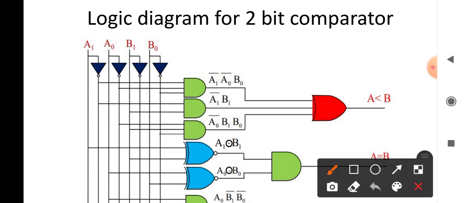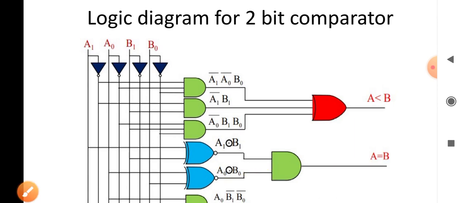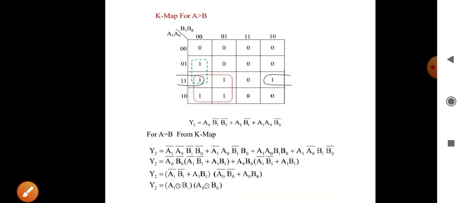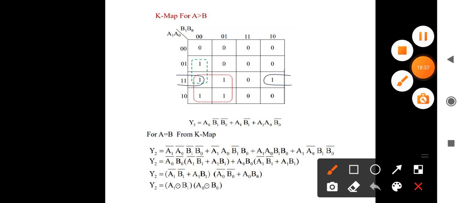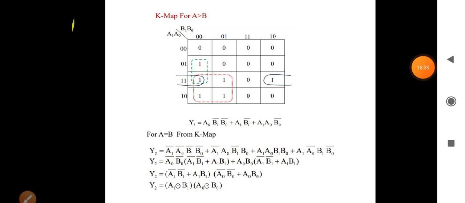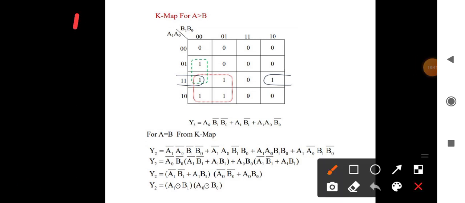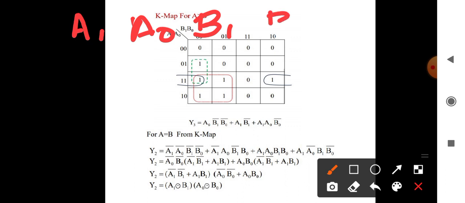So same thing, we can write down the logic diagram. We have A1, A naught, B1, B naught.